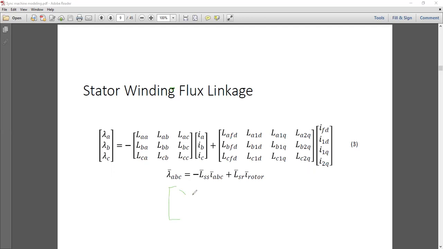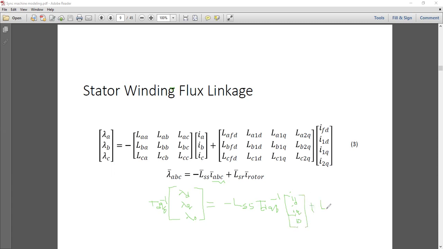So this is lambda ABC. We can replace it simply by TDQ0 inverse, as we did in the last class, right? Minus LSS, then for IABC we can again write TDQ0 inverse, ID, IQ, and I0.